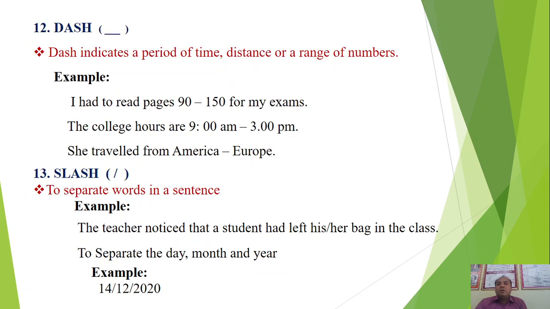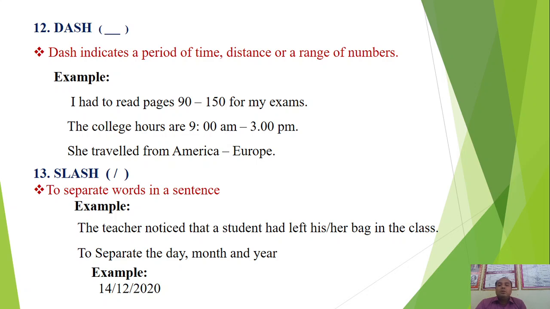The next punctuation mark is the dash. A dash is somewhat larger than a hyphen. That is the difference between a dash and a hyphen. A dash indicates a period of time, distance, or a range of numbers. Example: I had to read pages 90 to 150 for my exams.